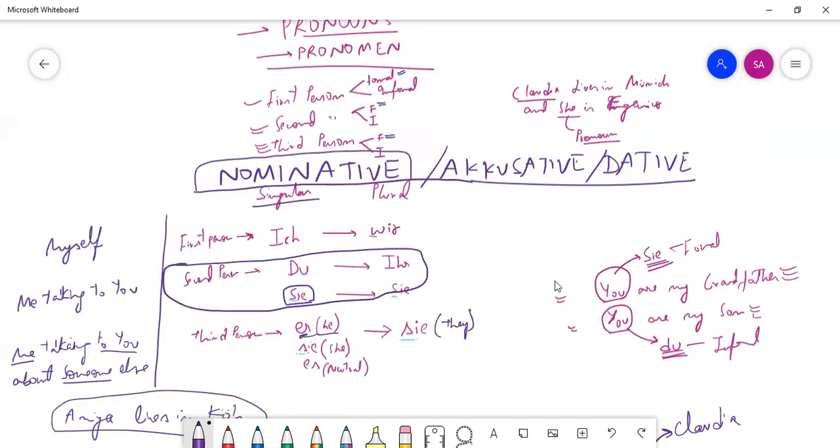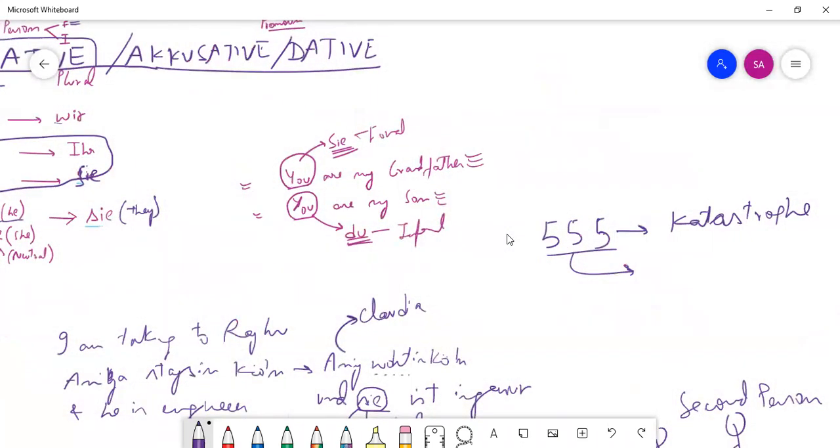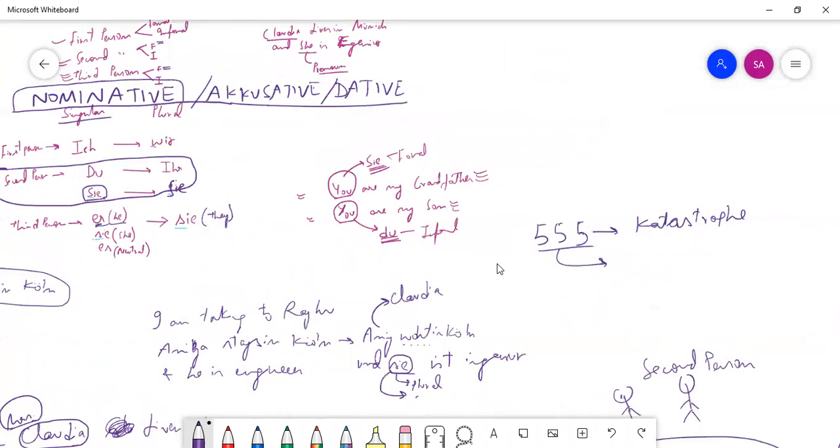Am I right, friends? Yes, this is the approach. Based on this approach only, you can figure out your sentence, and I'm sure that you won't make any mistake at all. We will take up more such examples later on, because today's 40 minutes class was a little shorter. So with this, let's end this class.